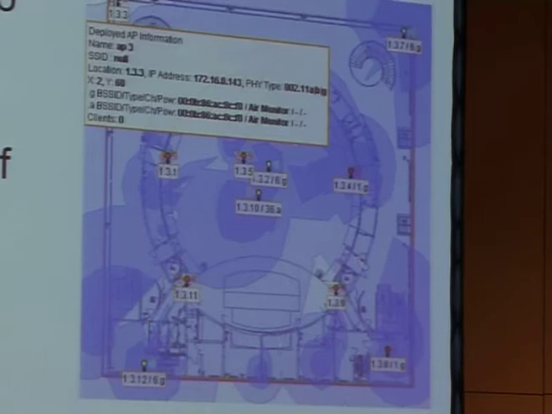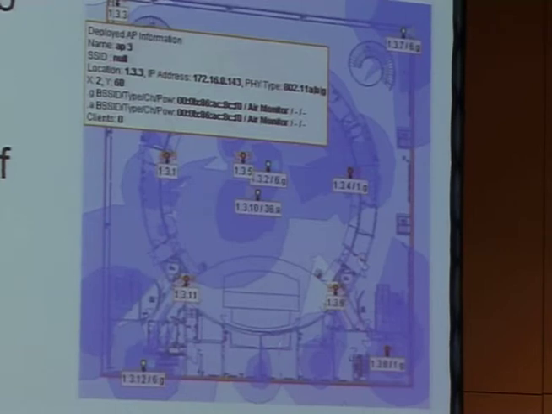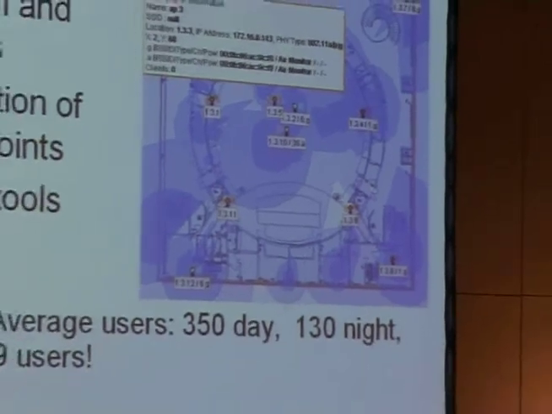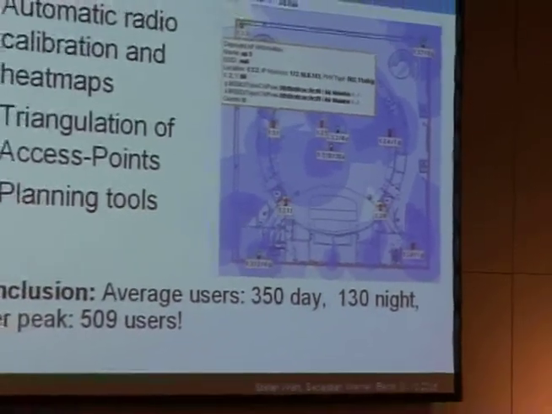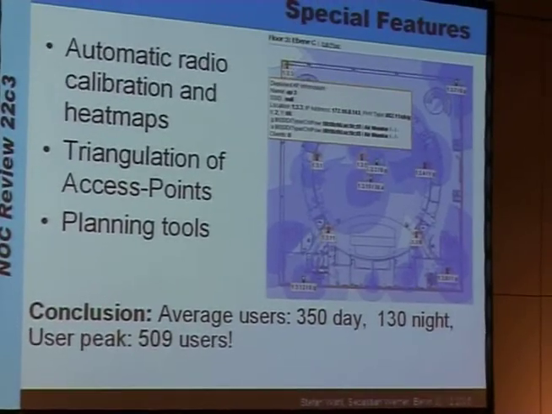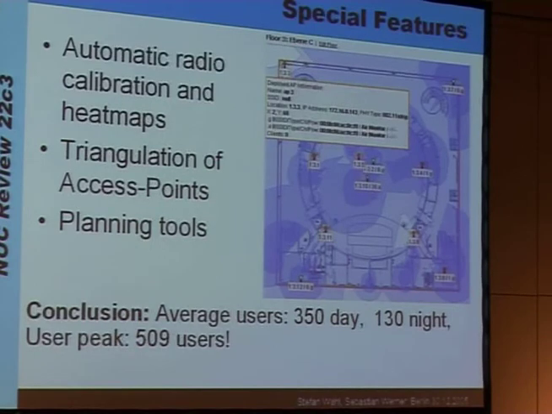This is pretty cool for triangulating rogue access points, but as you know, when triangulation works for access points, it works also for users, and so it's probably not perfect, okay? The conclusion is it works, and we had a daylight average of about 350 users, 130 at night, and the user peak was 509.